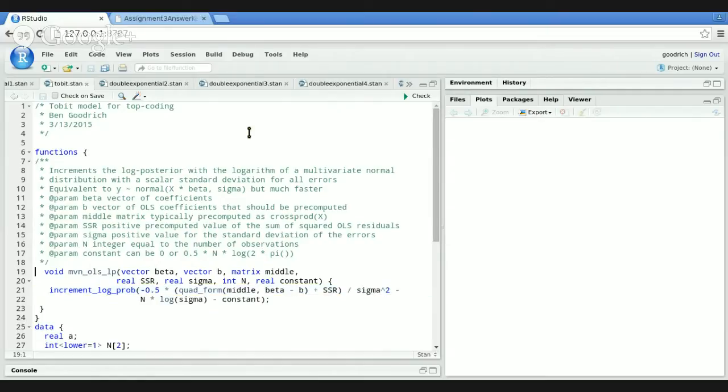And so I define this user-defined function in Stan, and then I can call it in my model block.